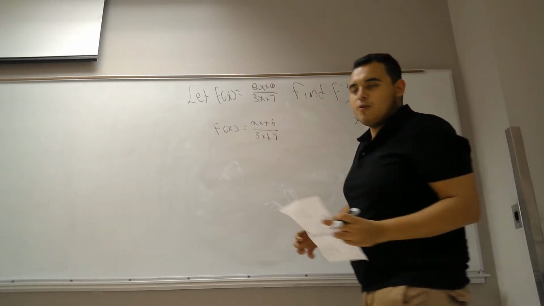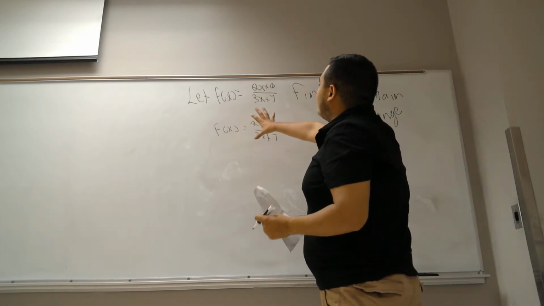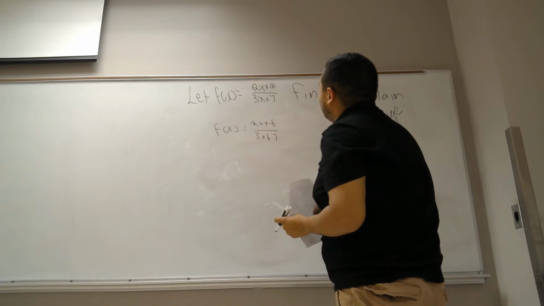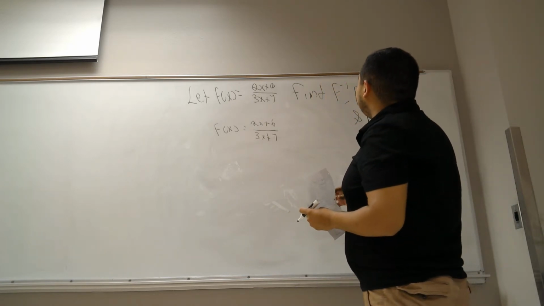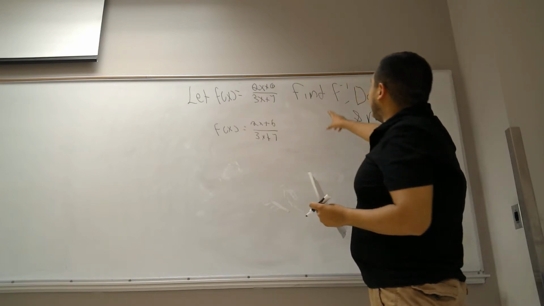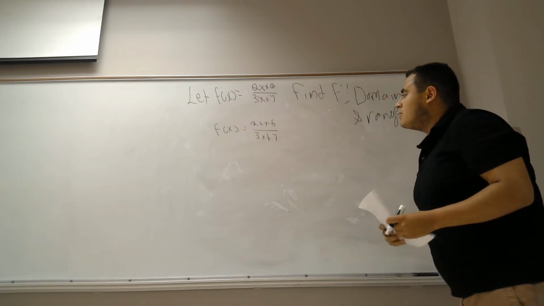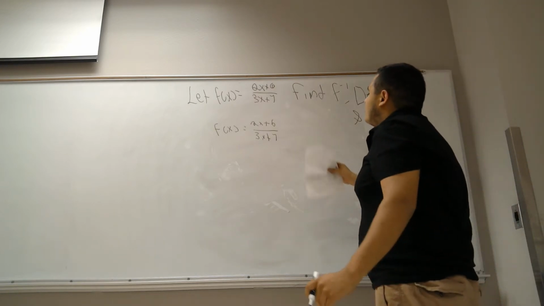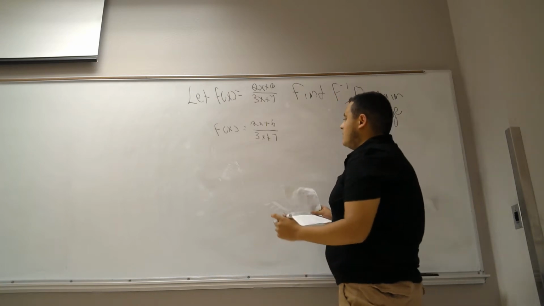Okay, so over here we have a new problem, which basically lets f of x be (2x plus 6) over (3x plus 7). And with this, you're going to want to find the inverse as well as the domain and the range. So to start off, we're going to find the inverse of this function. Basically, what you want to do is start over here.